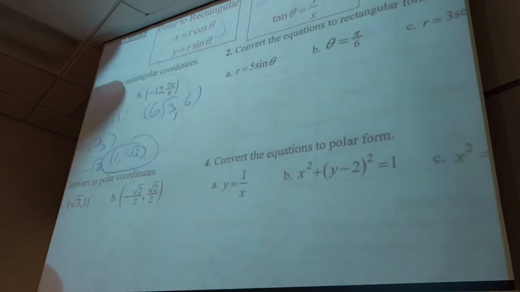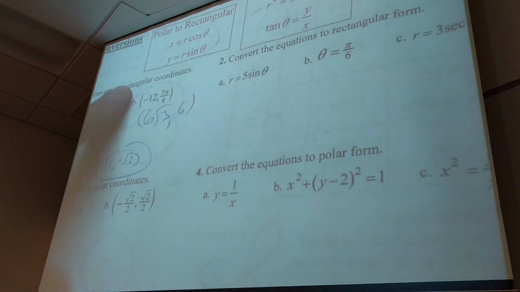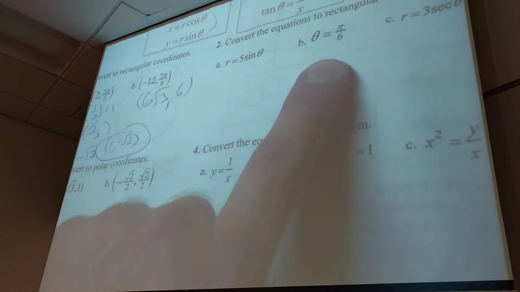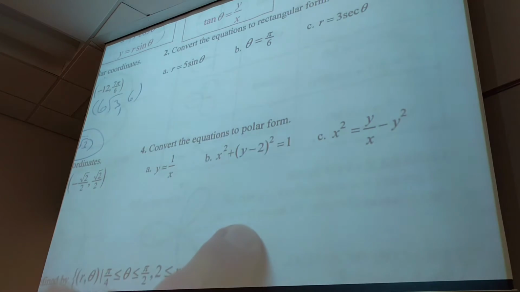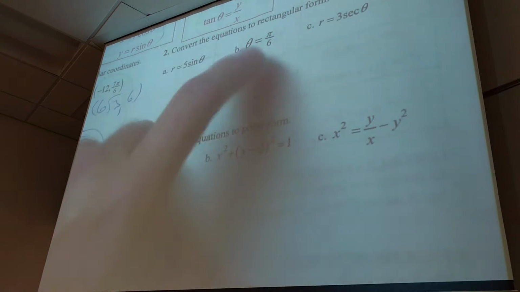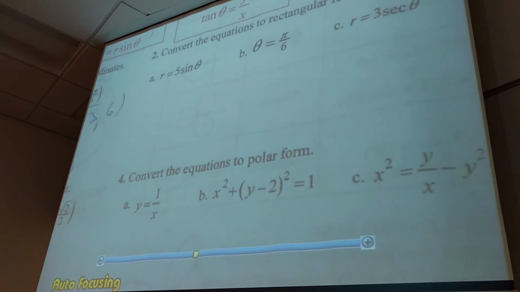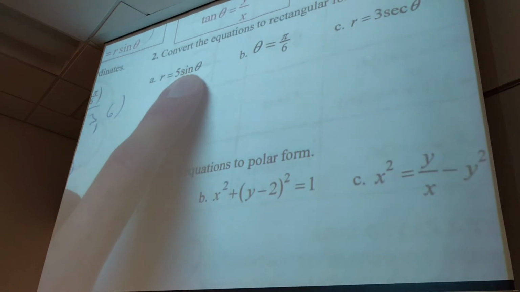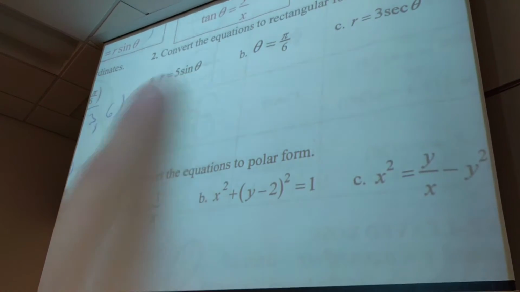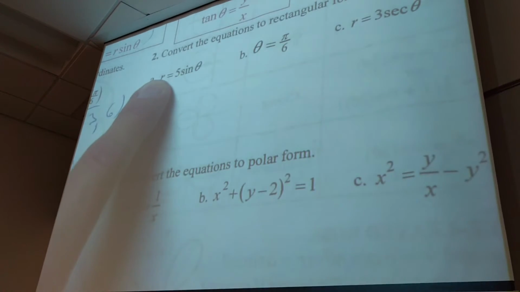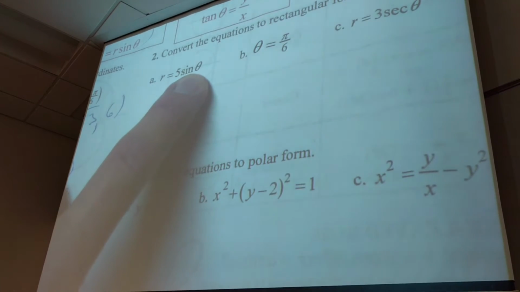Now where we desperately need help, and the part that's going to be more immediately happening to us, is this kind of stuff here: these function conversions. But you start to realize what you're looking for. If only there was an r in front of that sine, I don't want to put square root of x squared plus y squared, and then sine would be what?